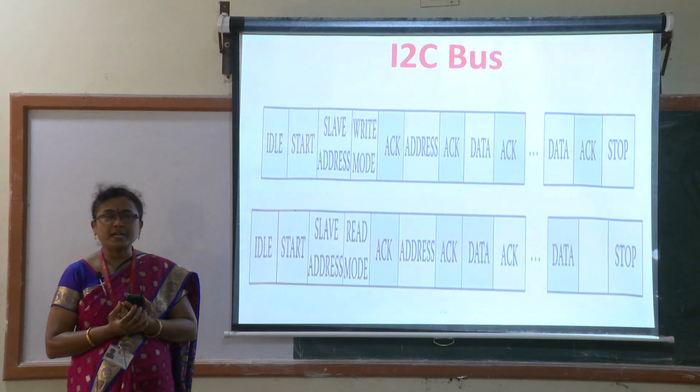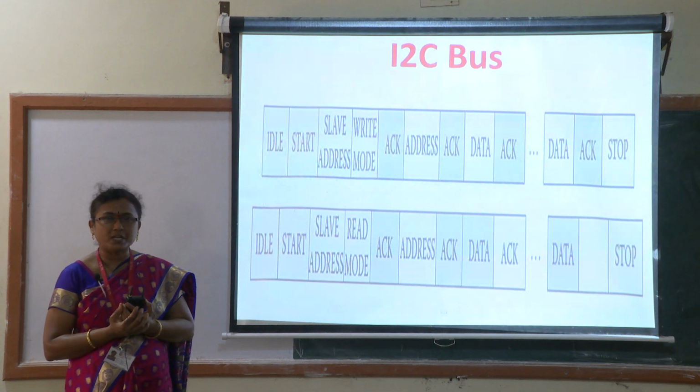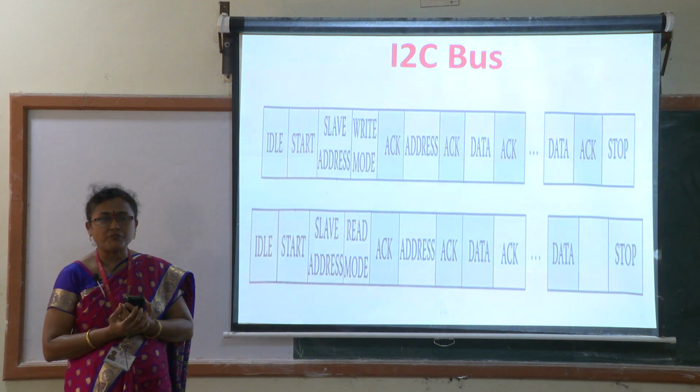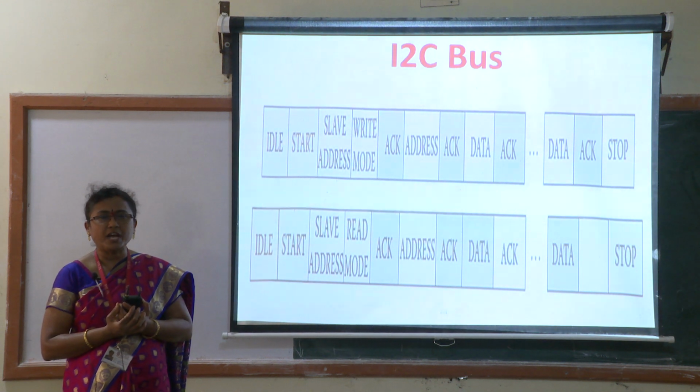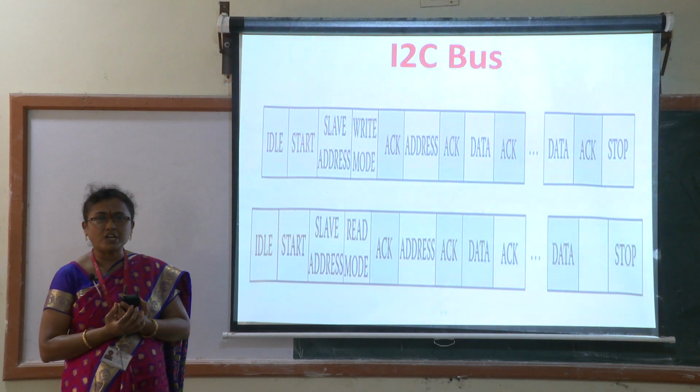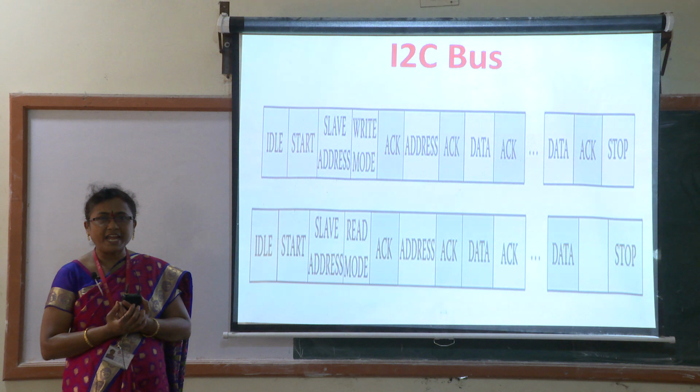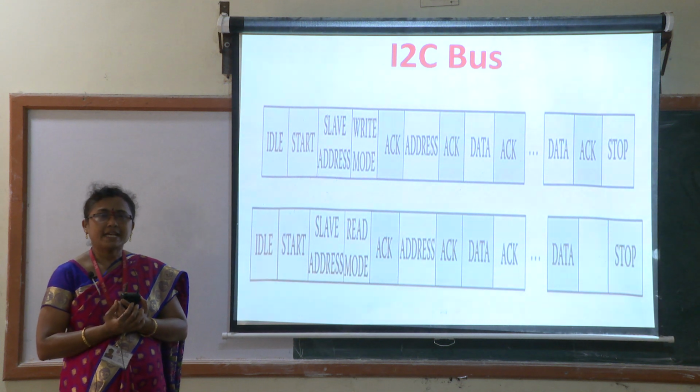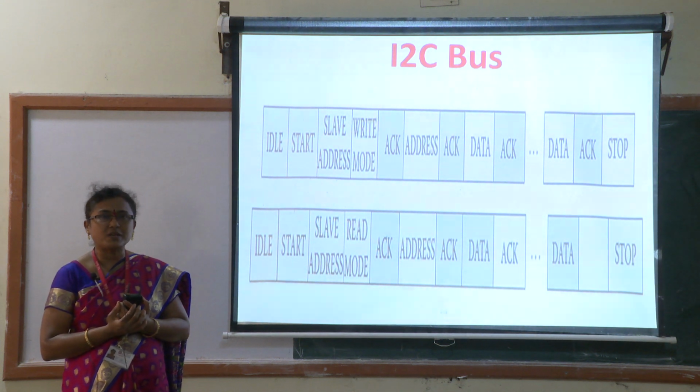Up to 64 bits or 128 or 1024, whatever the defined data size, in between you have the acknowledgement frame. Maybe every 9th bit, then the 18th, then the 27th, like that the acknowledgement bit will be there. That will ensure my data is transmitted from the master node to the slave.